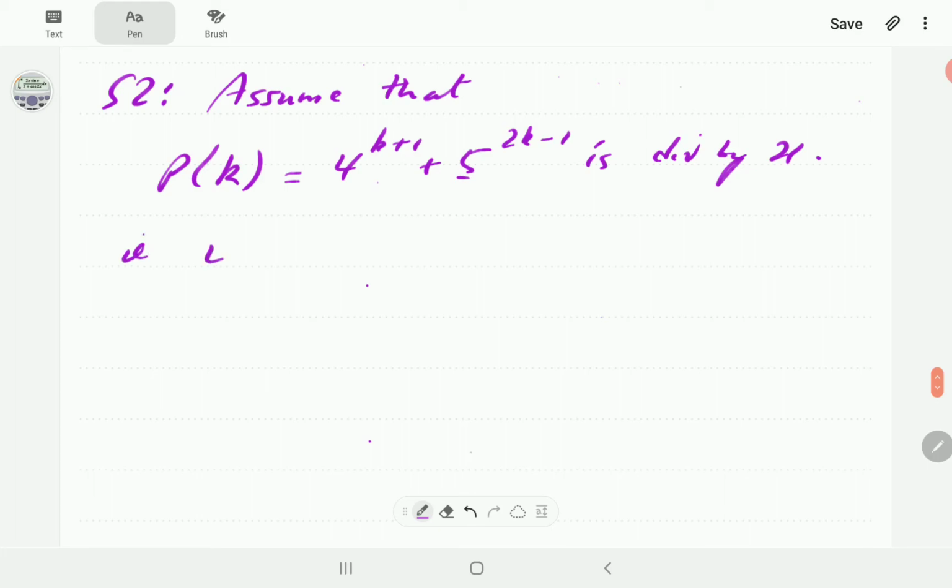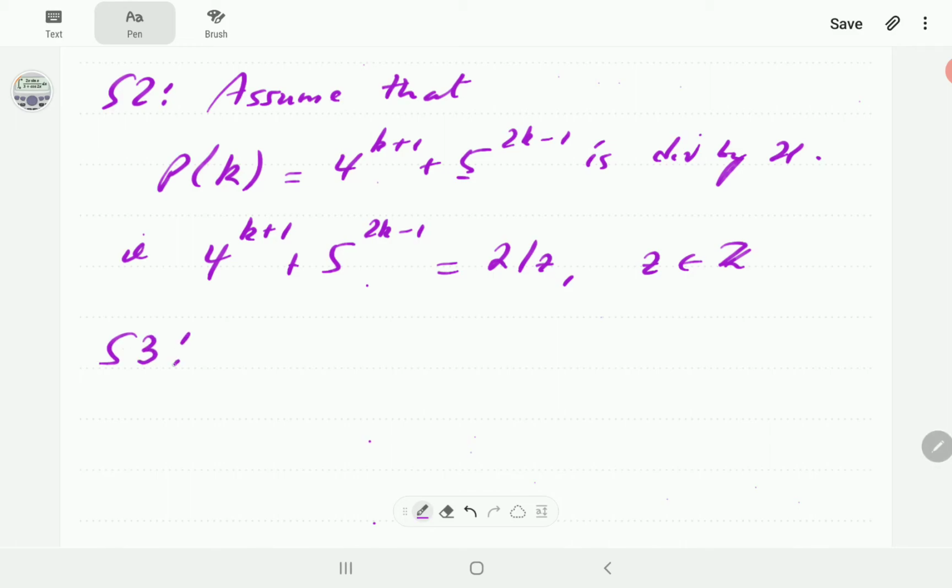What this is saying is that 4 to the power k plus 1 plus 5 to the power 2k minus 1 is 21 times z, where z is an integer. Okay, so that is step number 2.